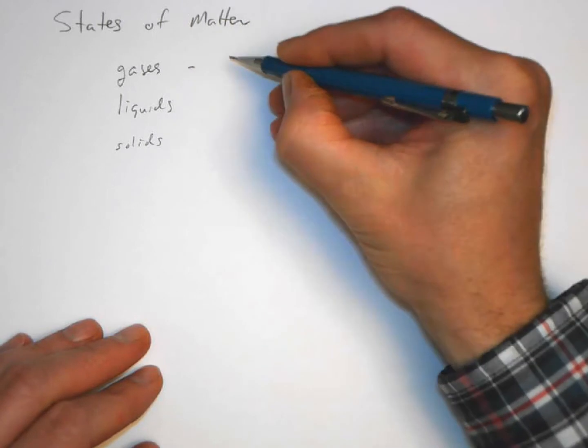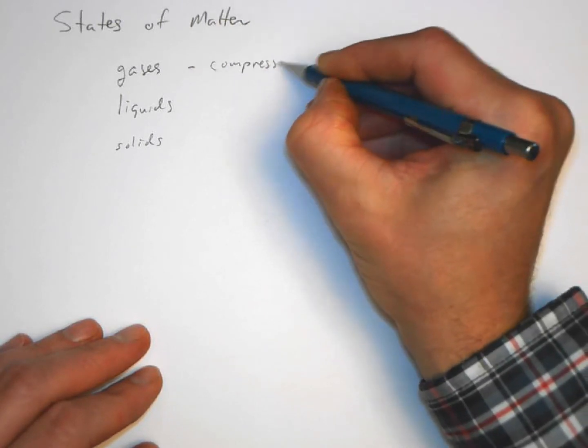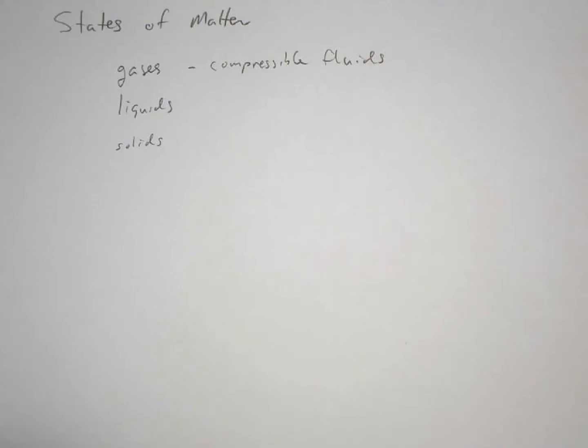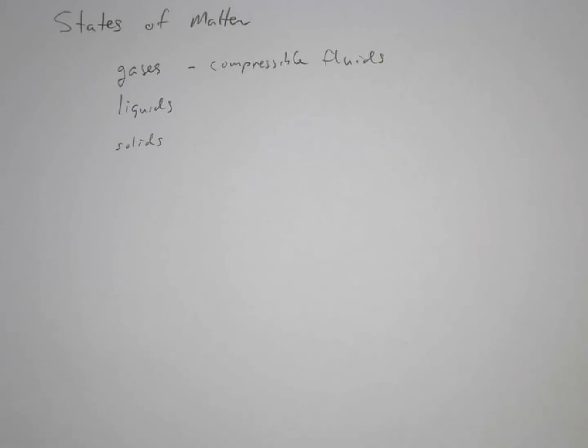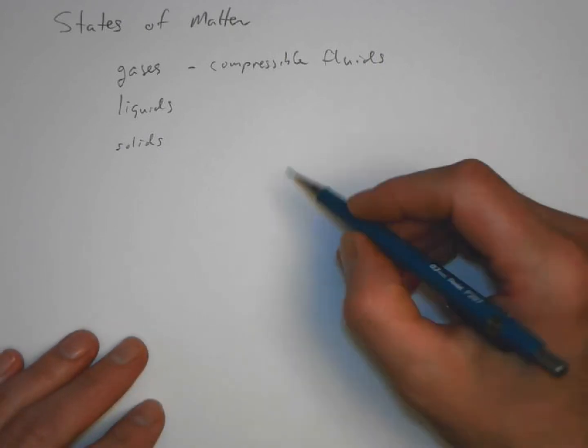Gases are, of course, compressible fluids. A gas will take the shape of its container. And they're compressible. We looked at in Chapter 5 a lot about changing volumes and pressures of gases. So the gases are compressible because there's a lot of space between the molecules or particles that make up the gas.